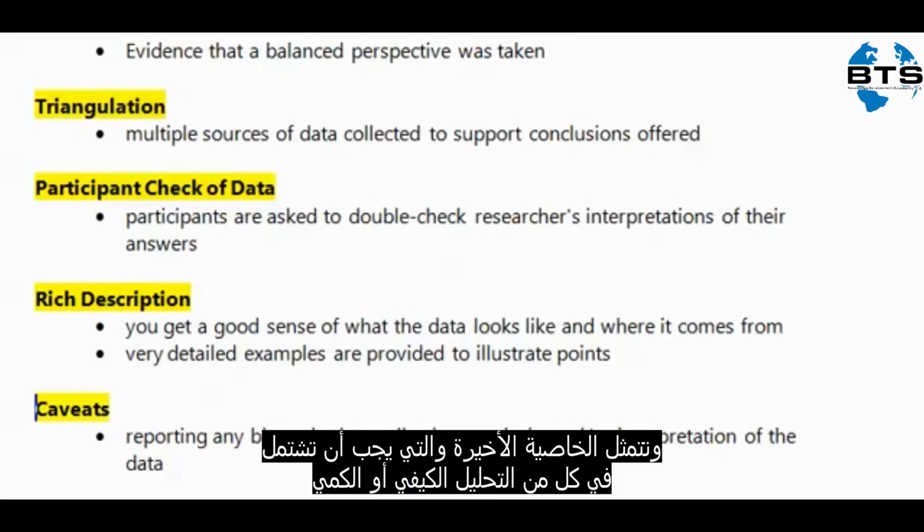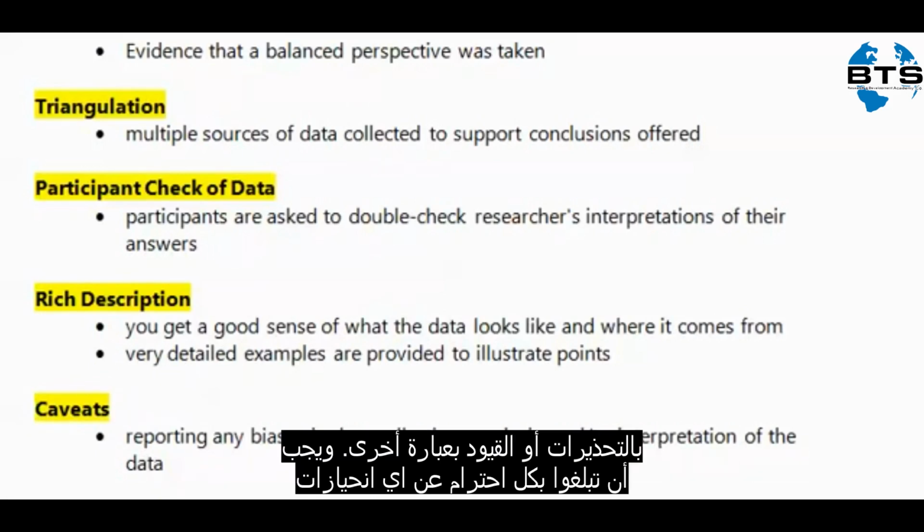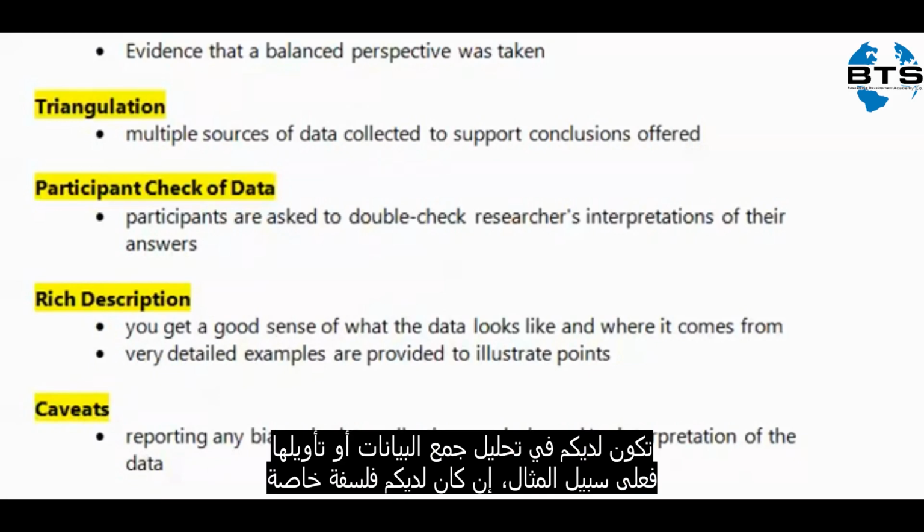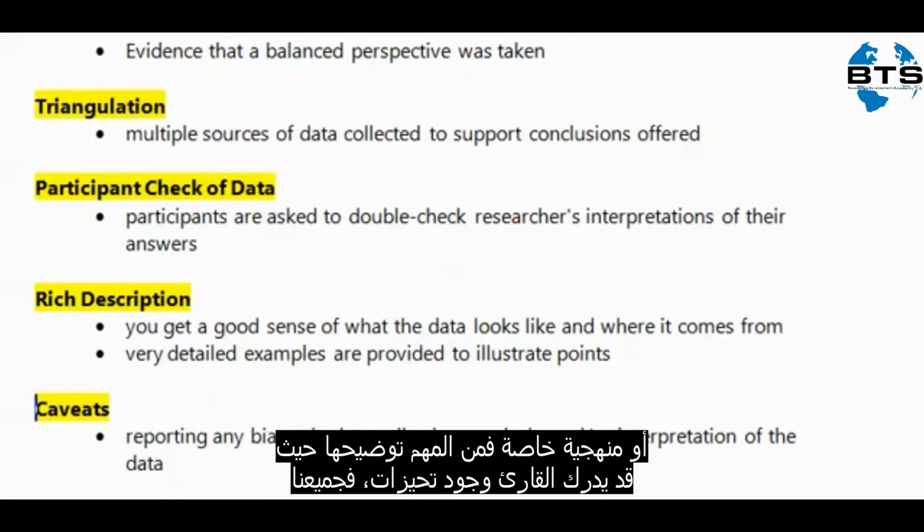And the final feature that should be included in both qualitative or quantitative analysis is a caveat section, or in other words, limitations. With respect to qualitative analysis, you want to report any biases that you might have in data collection, analysis, or interpretation. So for example, if you have a particular philosophy or approach, it's important for you to bring that out up front so that the reader understands that there are biases.